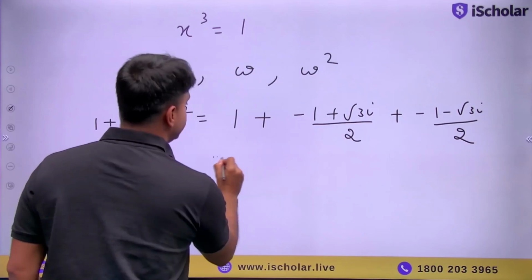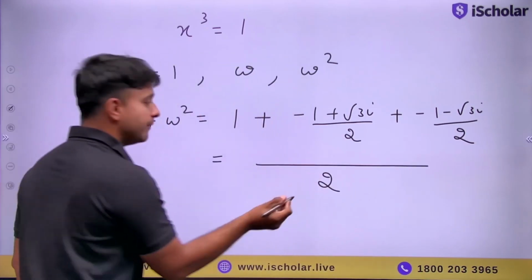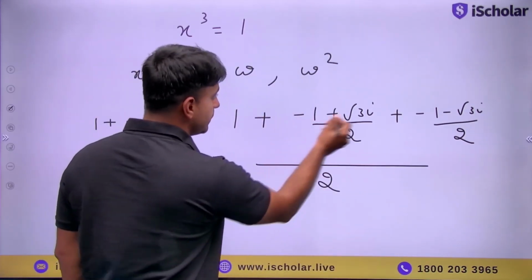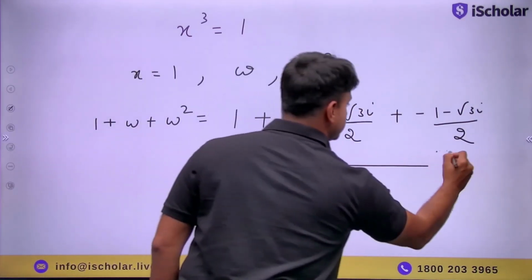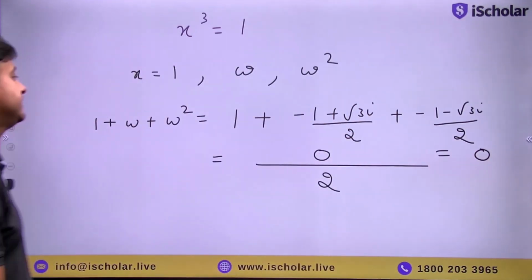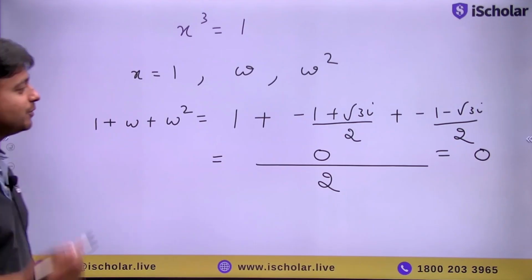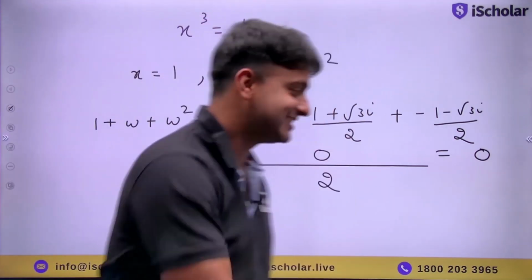If I take 2 as the LCM, what am I going to get? 2 minus 1, 0. Root 3 will cancel, it will become 0 by 2, which is just 0. So that's the first identity, that 1 plus omega plus omega square is 0.